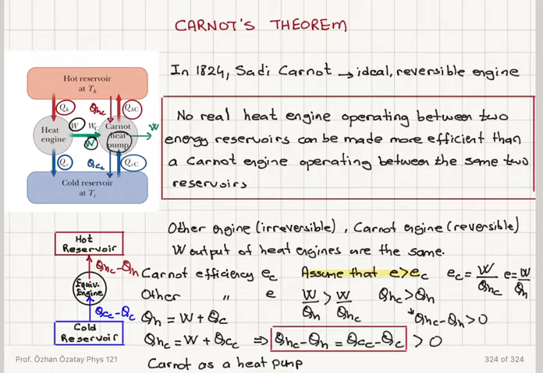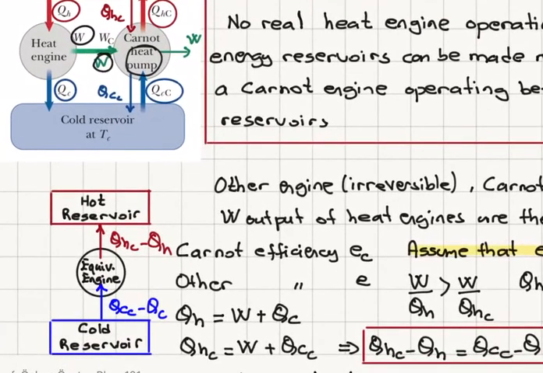And you see there is no work, so the equivalent engine is a heat pump that is absorbing a positive amount of energy in the form of heat from a cold reservoir and providing the same amount of energy to a hot reservoir without any work input. The equivalent engine is a heat pump.